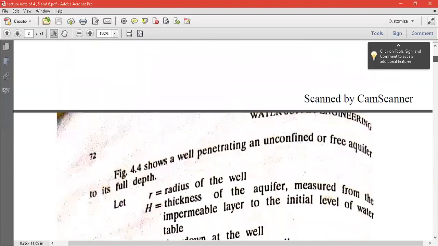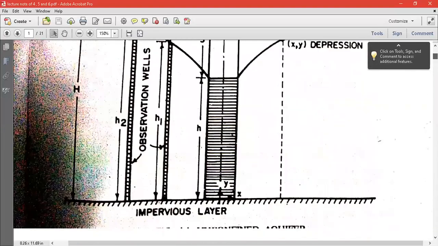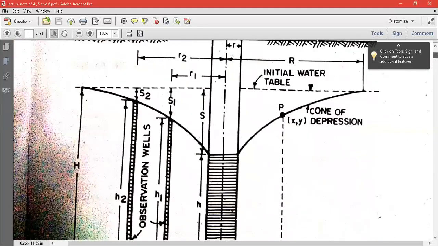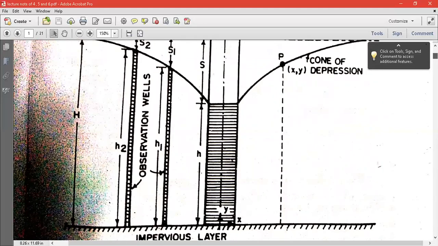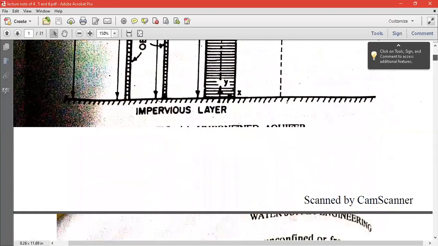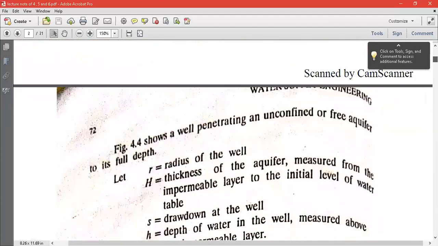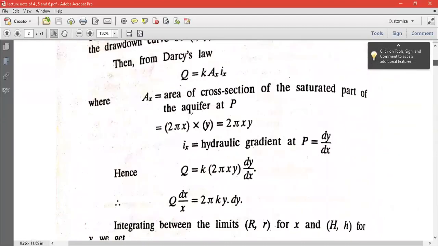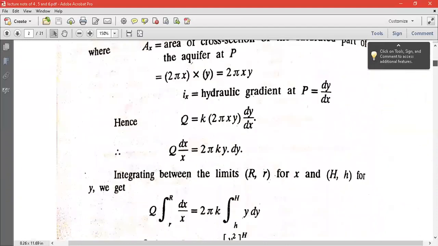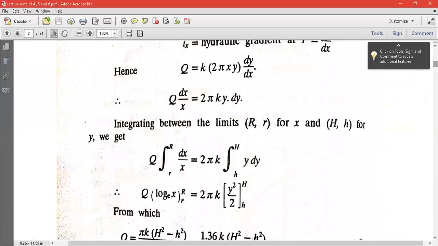Small h is nothing but the depth of the water after the drawdown, and capital H is the total depth of water of the water table, that means the depth of the unconfined aquifer. So when the integration is done with the boundary conditions, then dx by x means the log e definite integral.